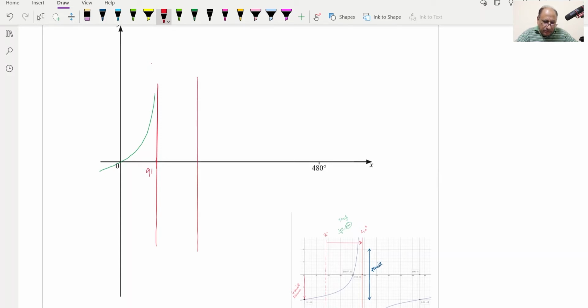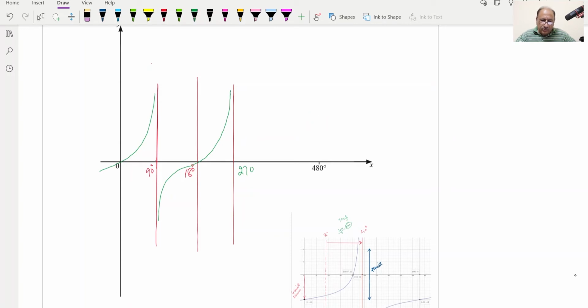This will be 90, and this will be 180, and next asymptote will be at 270. So we can draw over here, and our normal tangent curve, the tan x graph, will be looking like this one over here, and this one also will be asymptote. So both sides will not be touching these asymptotes. So this is like 270 over here, and up to 480 it will be repeating like this. Onward it will be repeating.